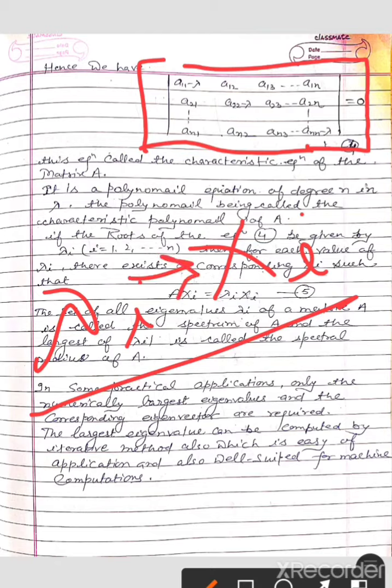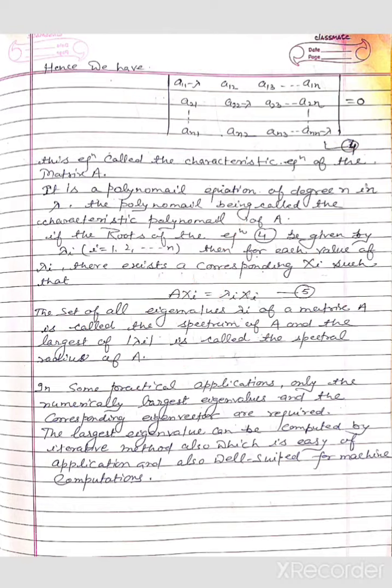If we have to compute only the numerically largest eigenvalue, then we go by the iterative method. We will take examples for both types of problems in the next lecture.